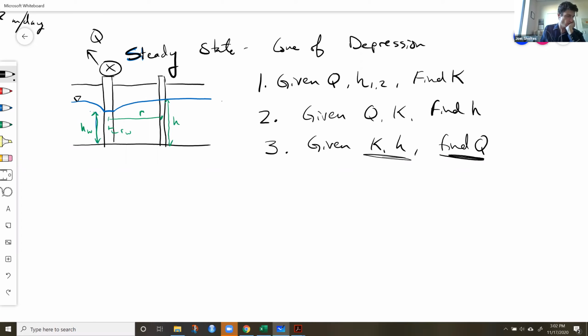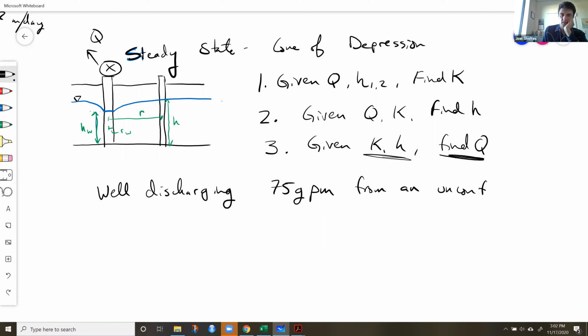All right, so let's do an example problem together. We have a well that is discharging 75 gallons per minute from an unconfined aquifer. The original water table elevation, we'll just call that H naught.